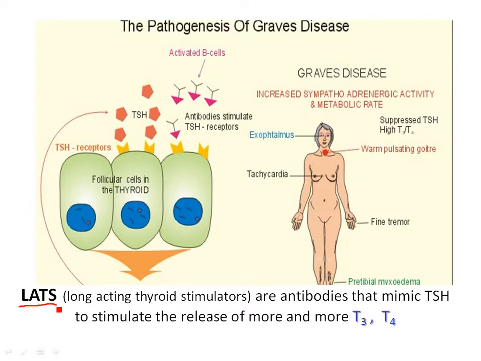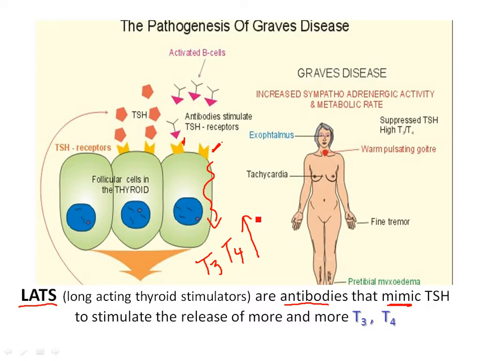LATs, long-acting thyroid stimulators. They are antibodies, but they act like TSH. So when they come in through the blood, they bind to the TSH receptor and trigger that chain of events that causes the release of T3 and T4, increasing my levels of T3 and T4 in the body.